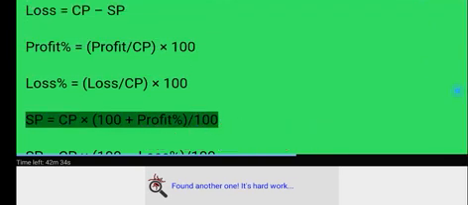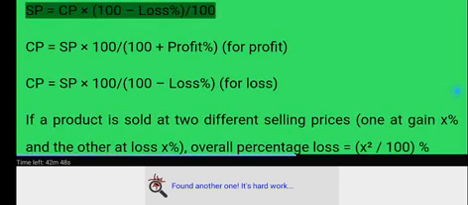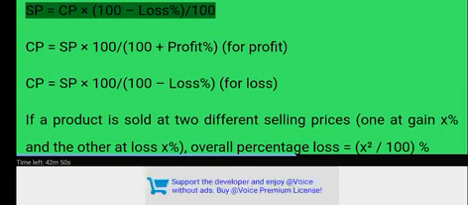SP equals CP times (100 plus profit percent) divided by 100. SP equals CP times (100 minus loss percent) divided by 100.